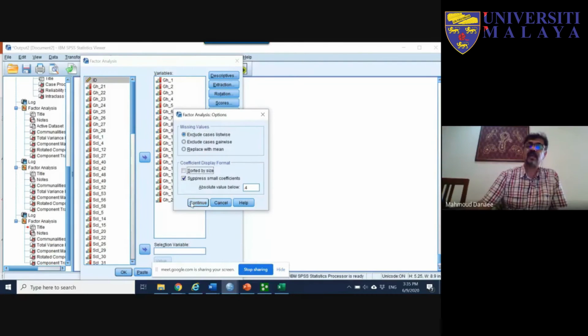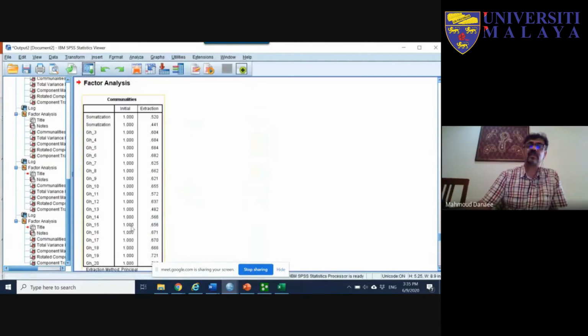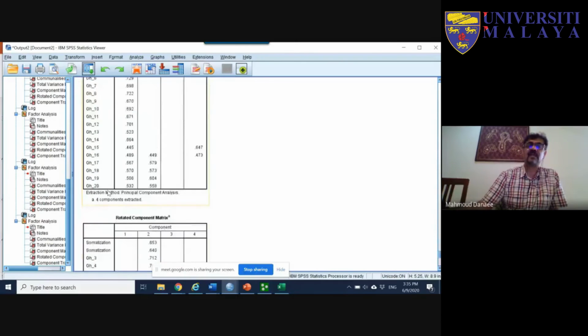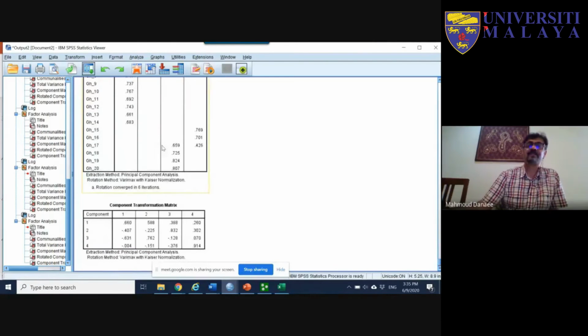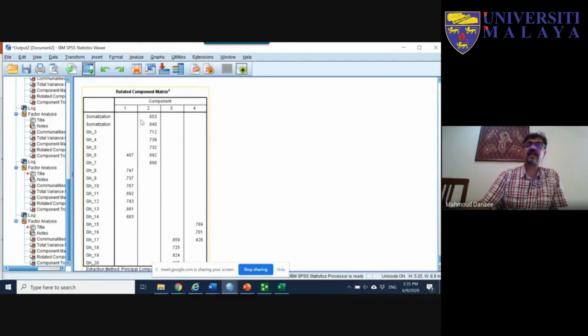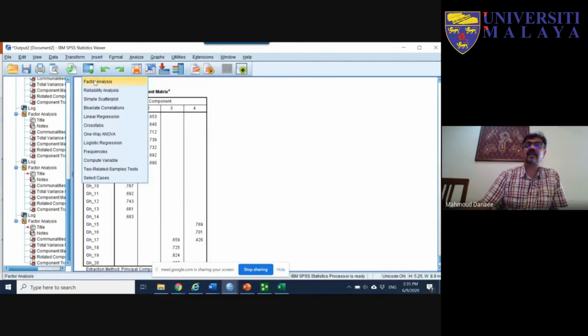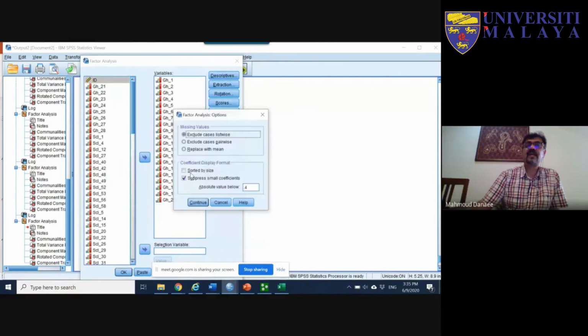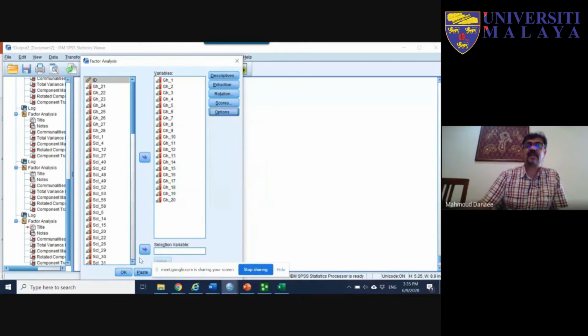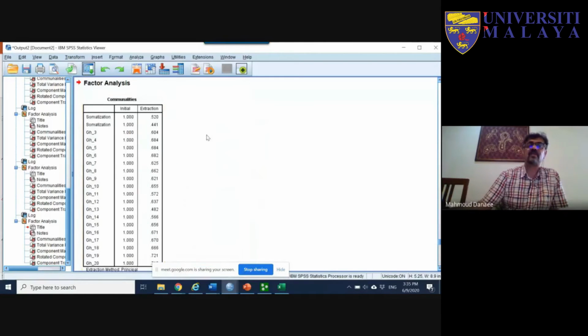If I don't sort it by size, then it will be sorted based on the order of the items, as you can see here, not based on the component. The academic style is to sort it by size and suppress values less than that cutoff.